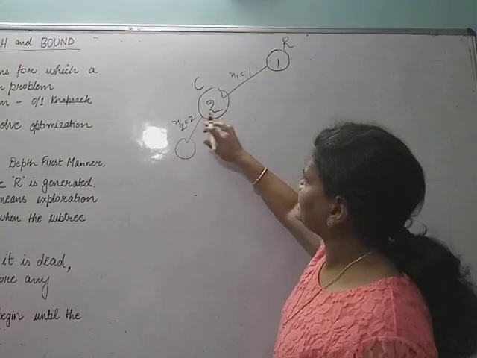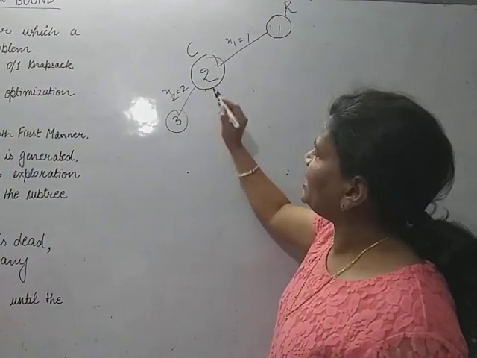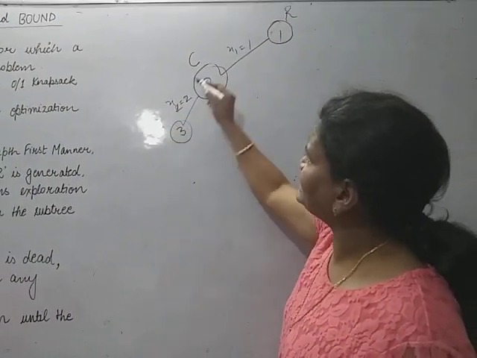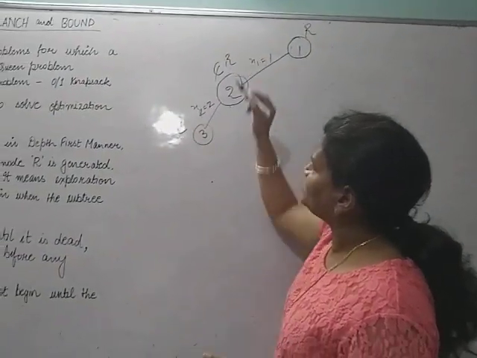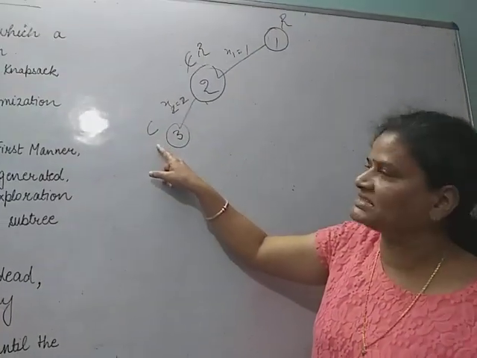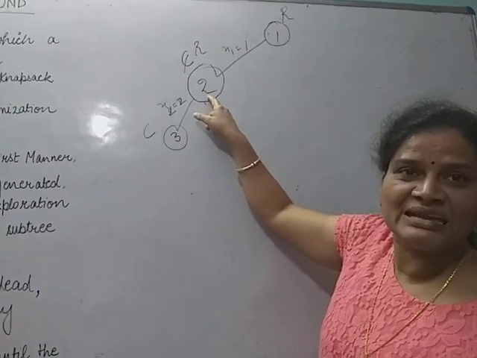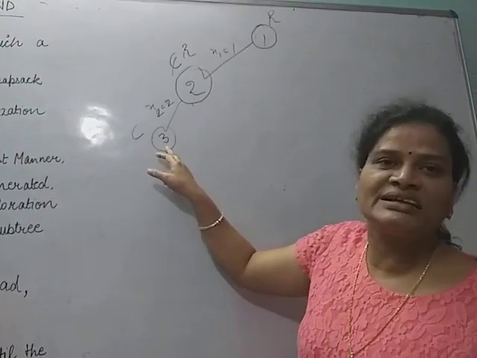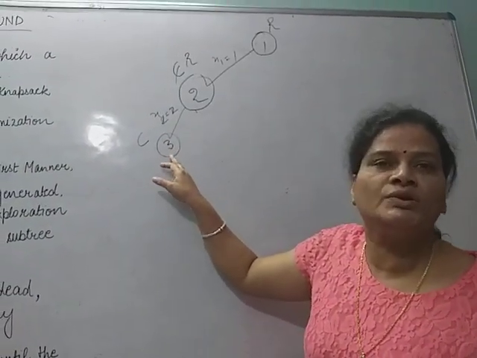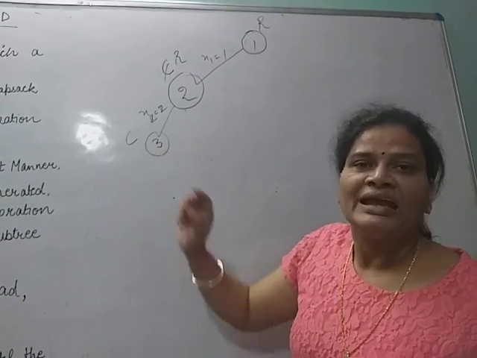So this is what? 3. So again this will become C and this will become R. Okay. So as soon as the new child C of current E node R is generated, this C will become the new E node.